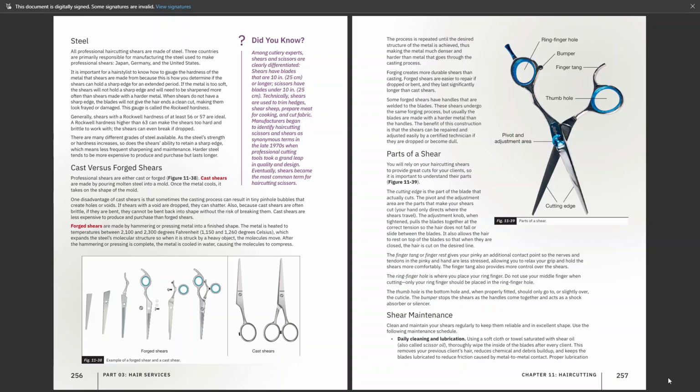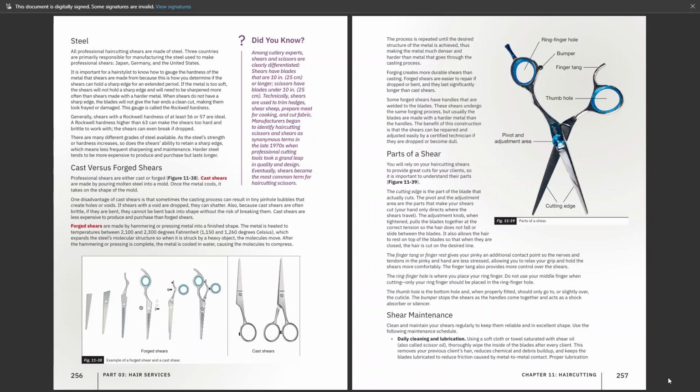Manufacturers began to identify haircutting shears and scissors as synonymous terms in the late 1970s, when professional cutting tools took a grand leap in quality and design. Eventually, shears became the most common term for haircutting scissors.